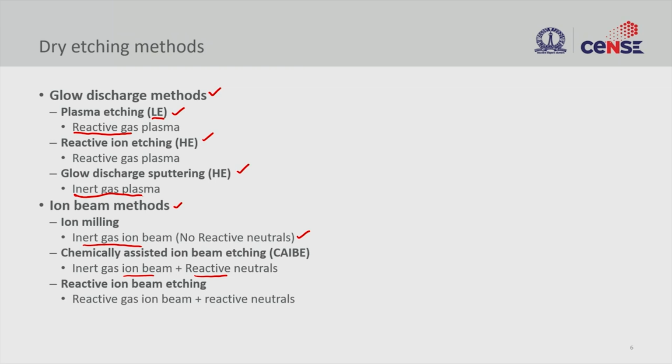Physical etch means only force is used to remove the material, chemical etch means you create a chemical reaction and those products are made volatile. And then reactive ion beam etching. Reactive ions we know, so we create these reactive ions and direct those beams. That is another way of doing etch. Instead of creating inert gas ions, here the ions are reactive, they can react, and you also add reactive neutrals to do the etching.